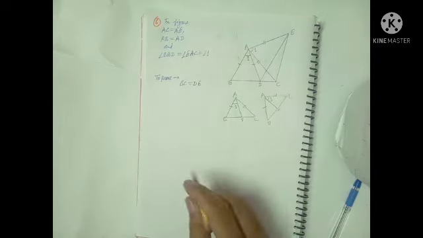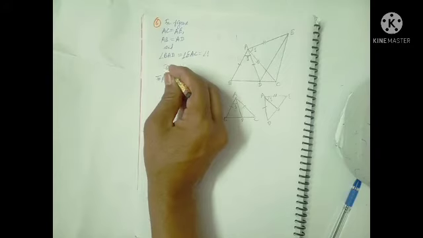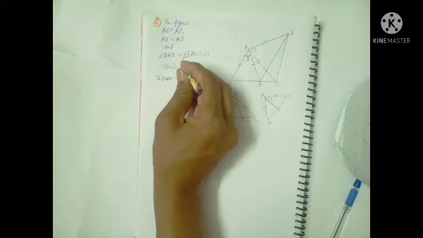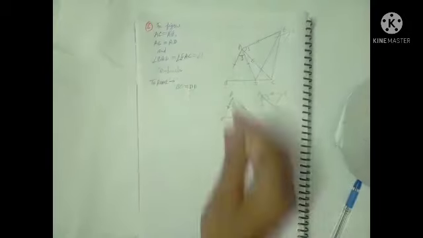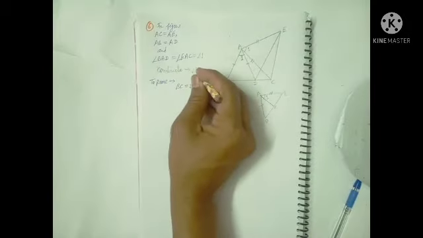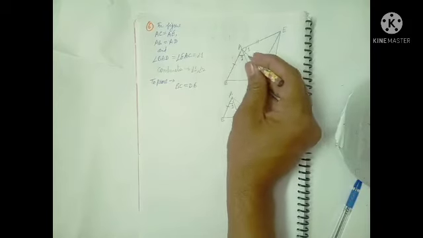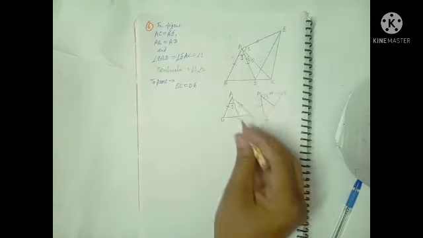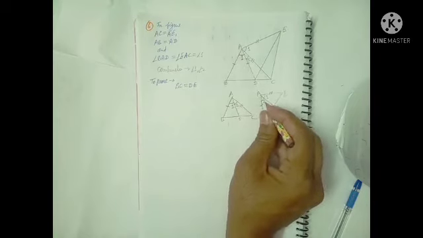So what we have to construct? We have to do a small construction. What to construct here? Angle 1 and angle 2. Angle 1 we have constructed already, and let this angle be constructed as angle 2. This is also angle 2.